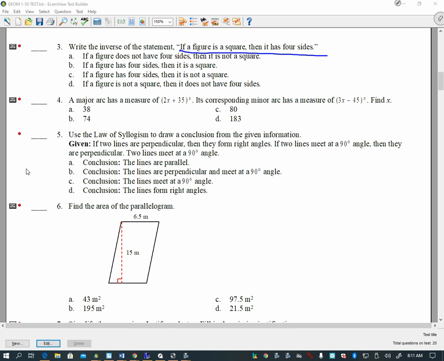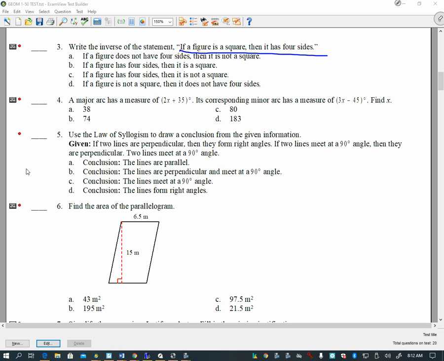What does the converse do? Flips it, right? Converse flips it. So then it's if B, then A, instead of if A, then B. What does contrapositive do? Because a lot of people get all of these confused.